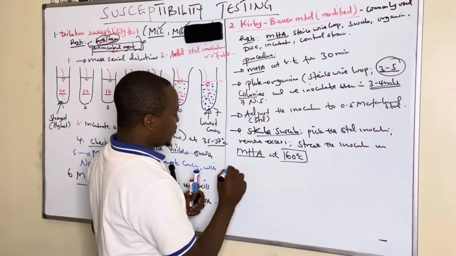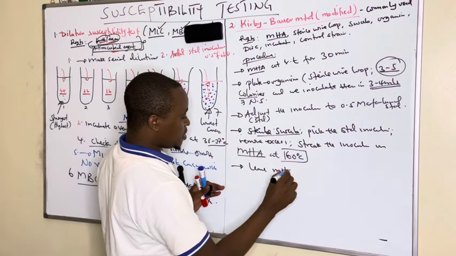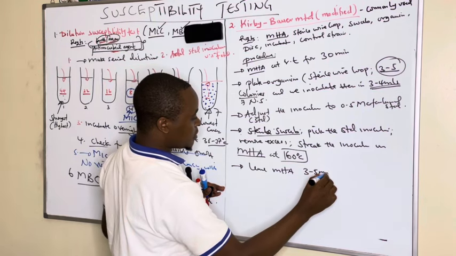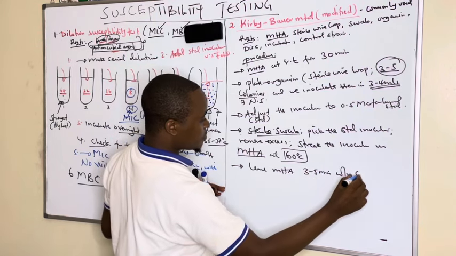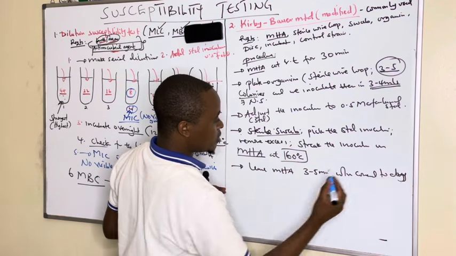After this, we leave the streaked Muller Hinton for 3 to 5 minutes, covered, to enable it to dry.